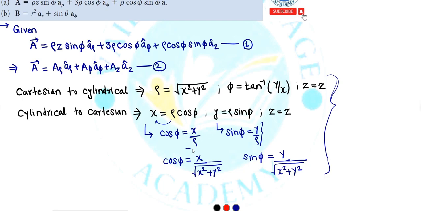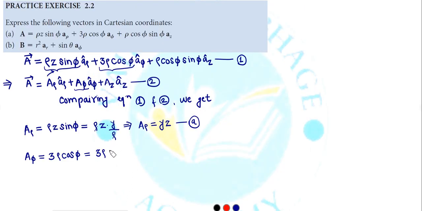Here this rho and this rho get cancelled out. So what is left is A phi equals 3x only. Assign this as equation B.